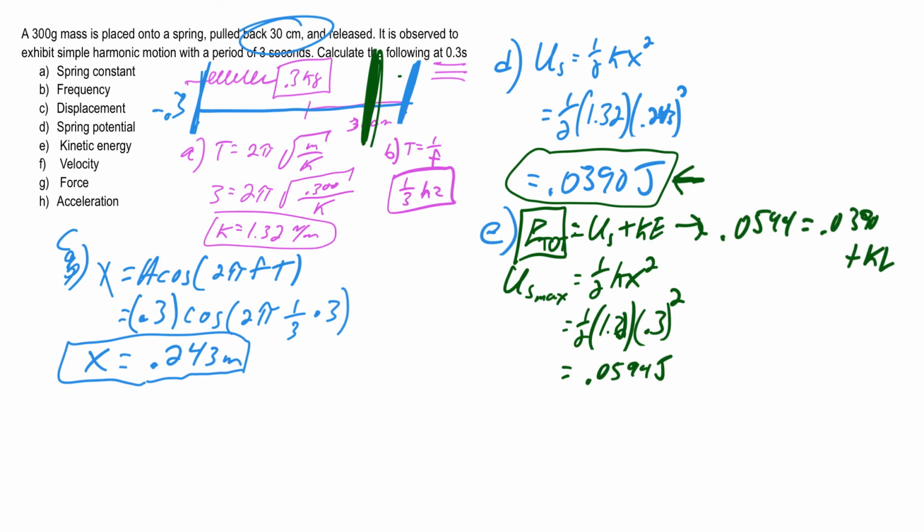So whatever's left over is our kinetic energy, right? So just go ahead and subtract that out. So 0.0594 minus 0.039. That gets me a kinetic of 0.0204. That's how much kinetic is left over.